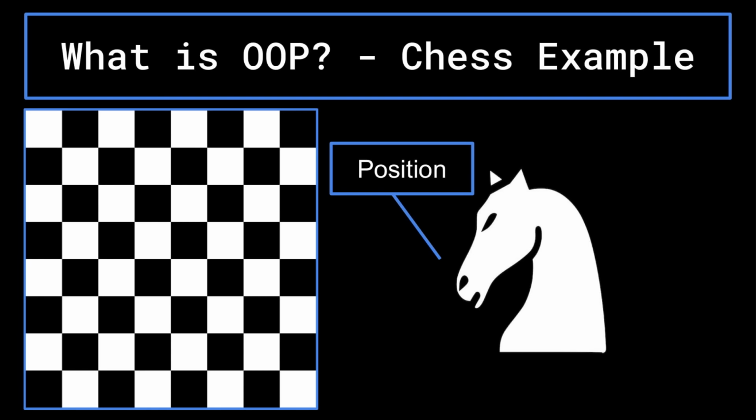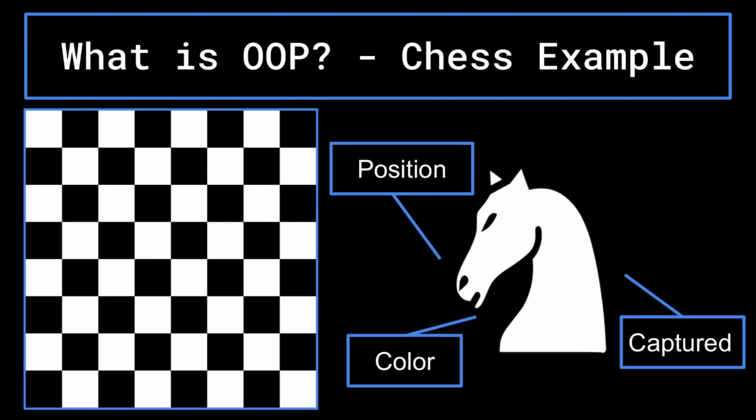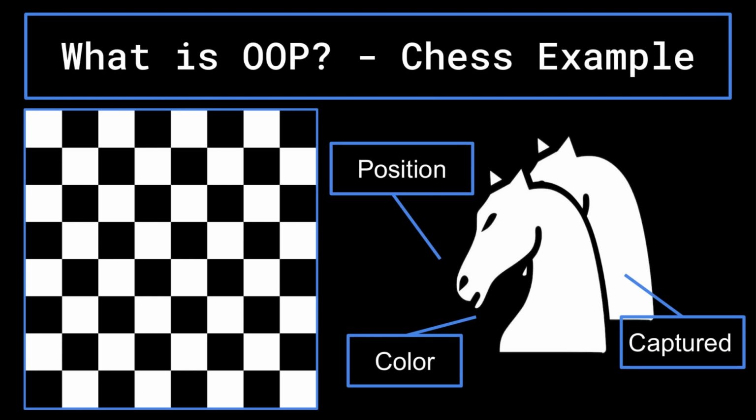Additionally, you would need a boolean to represent whether the piece has been captured or not, because if it has, you would not want it to show up, nor should you be able to move with it. You may also need a variable to represent which color the knight is, so that the game can treat it correctly. These are just a few of the variables that you would need for one piece, and you would need one of each of these variables for each piece on the board, each of which would contain different data.